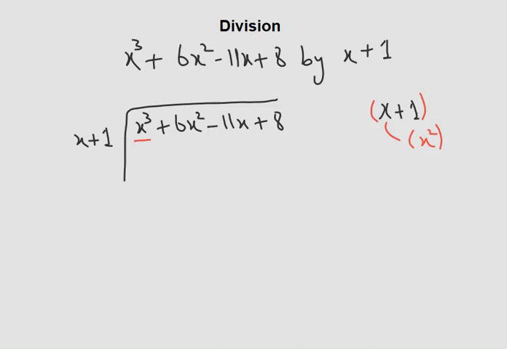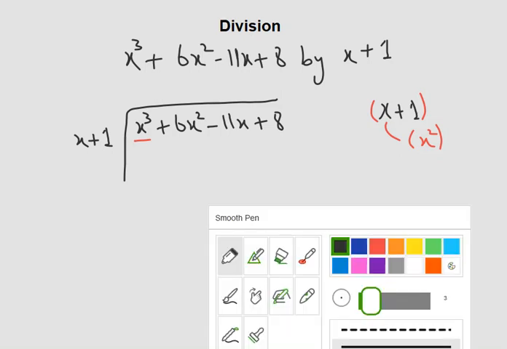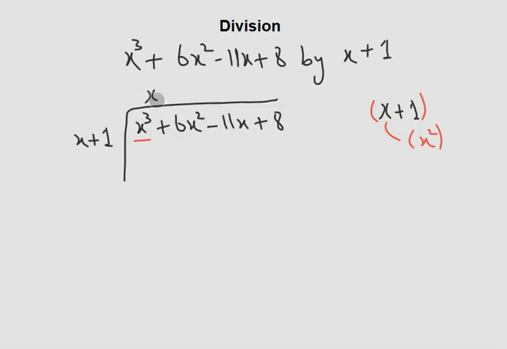Now how are we going to solve it? x multiplied by x square, we will get x cube. Again plus 1 multiplied by x square, we will get just x square.